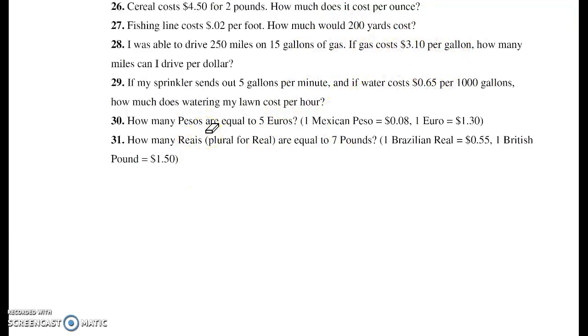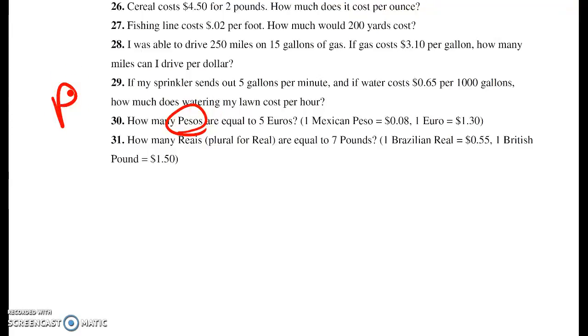Okay, just one more time. When I start out, I look at what my final answer is, what units it's going to be in. It's asking how many pesos are equal to the given amount, so pesos is going to be my final answer. Maybe I'll even make note of that on the side.